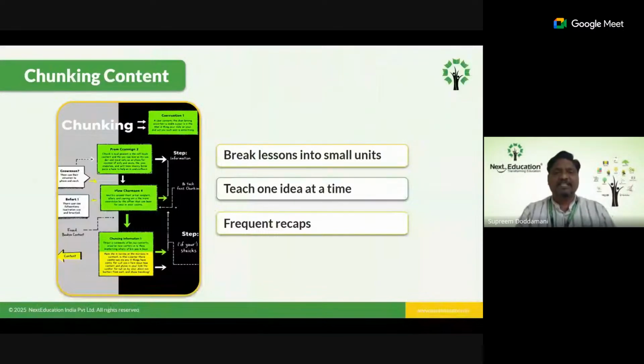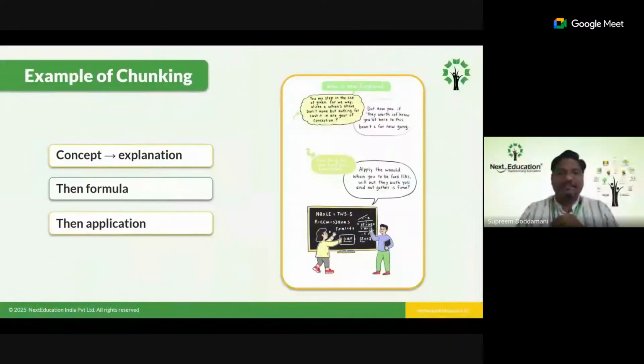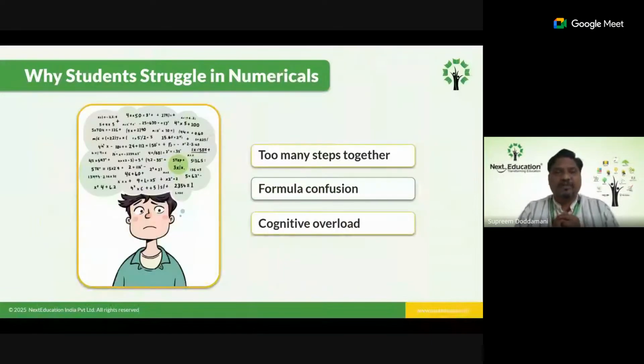So as soon as you complete one numerical problem in physics, or one concept, have a small recap, like 2 to 3 minutes, which will help the students clear any doubts they are having. Okay. Example chunking, same thing: concept explanation, formula, then application. The next one is why students struggle in numericals.